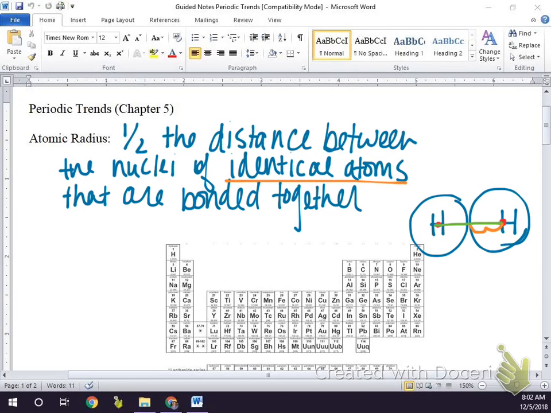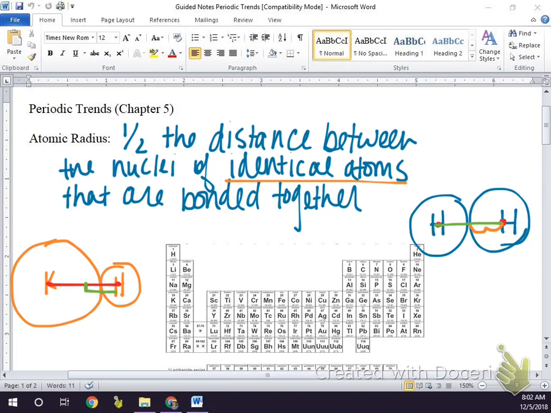If I am comparing hydrogen, which is on the first energy level so it only has one shell of electrons, to potassium, which has 4 shells, and I take the distance between those and say half of that distance is the atomic radius, that would not fit. Is that really how big hydrogen is? No, right? So do you see the difference there? We have to look at two identical atoms to be able to tell definitively how big our atom is. Does that kind of make sense?